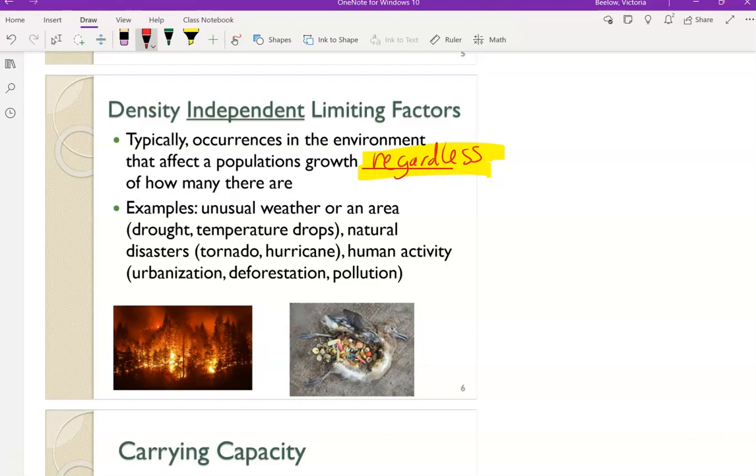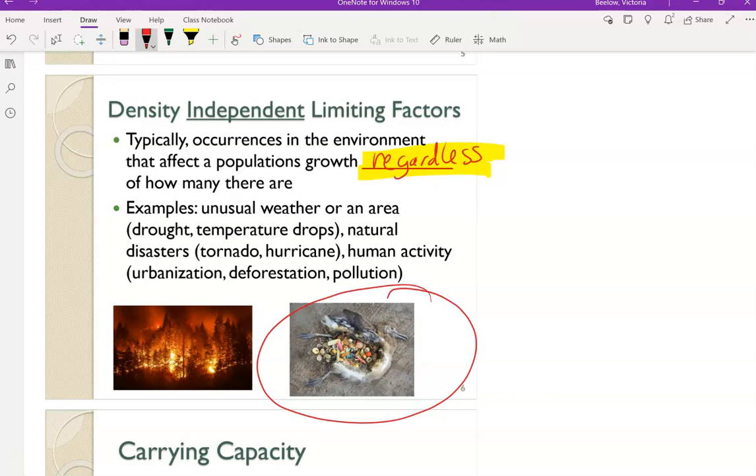There could be a natural disaster, like a tornado, hurricane, or forest fire. Human activity, such as pollution and deforestation, is another. It's a really sad image of a bird that contains plastic that must have eaten that plastic, so pollution. These things are independent of how many individuals are living in that area. These factors don't depend on how many individuals are present.